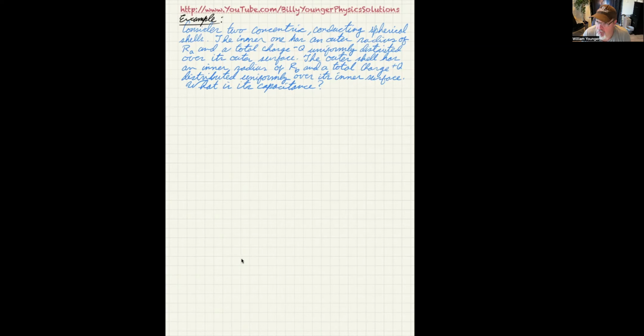And our job is to use the three-step process to compute the actual capacitance of the spherical capacitor. We're going to use step one, Gauss's law. You could also use Coulomb's law, but Gauss's law is much easier when the symmetry is good enough that you can use it to extract the electric field out of the integrand.